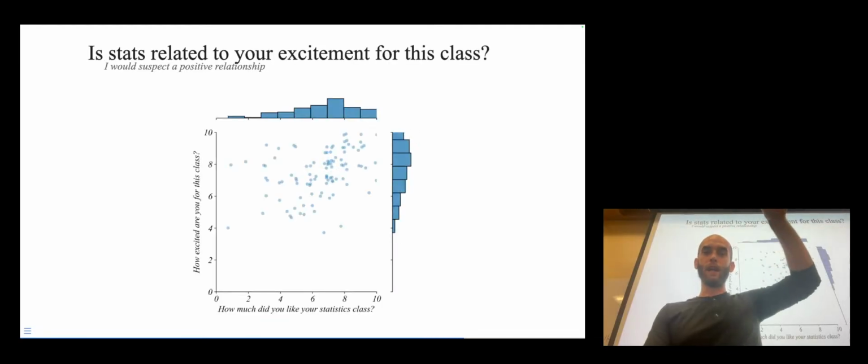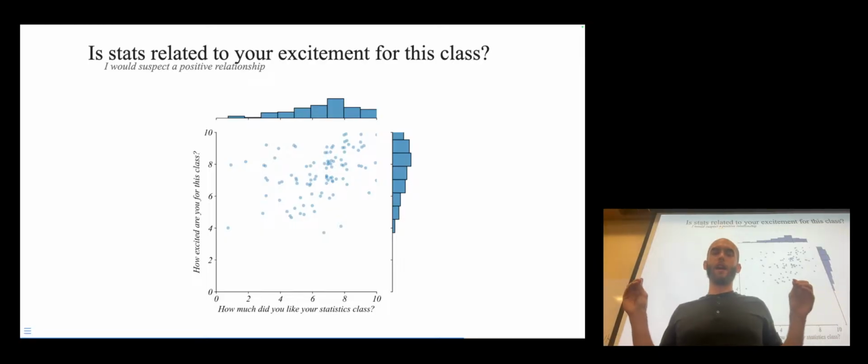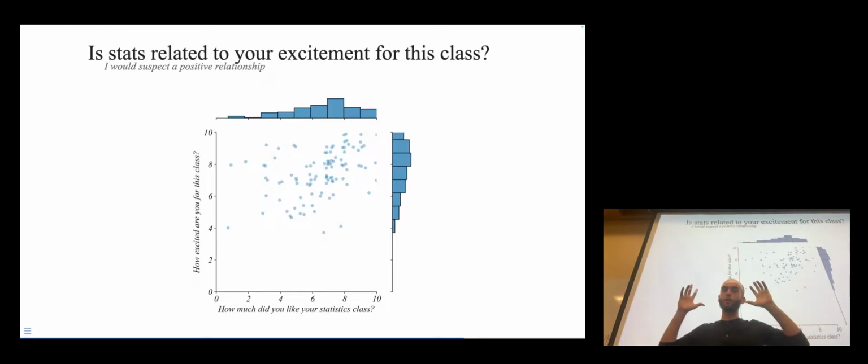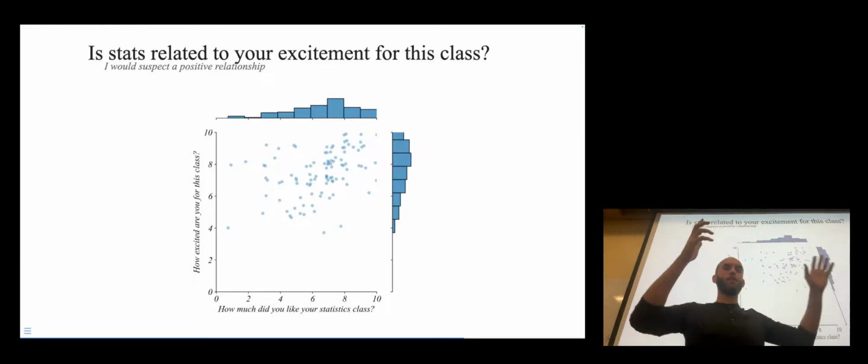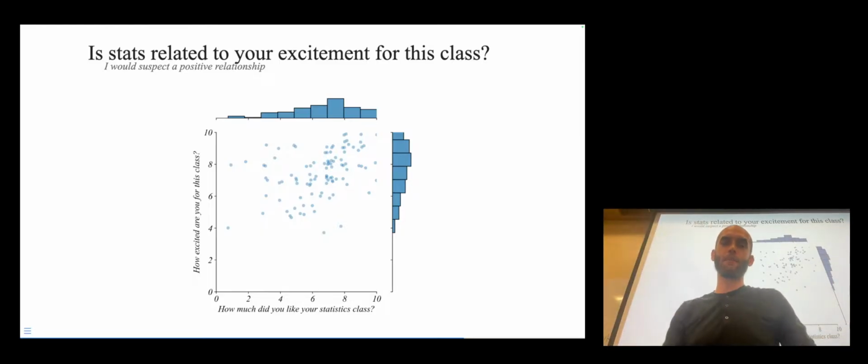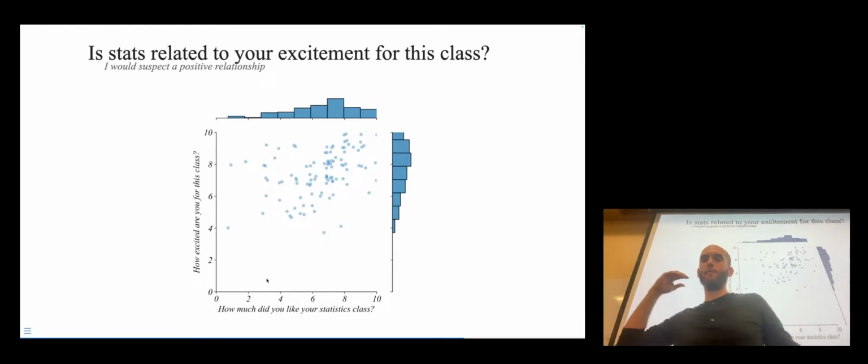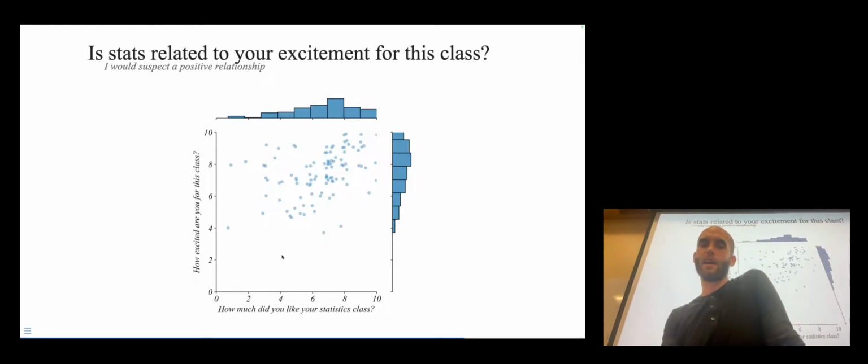One question you might ask of this data, as we talked a little bit about, is whether there was a relationship between whether you liked your statistics class and whether you're excited about this class. I plotted this data set, the scatter plot, in some detail last time, but I think this is a better figure.